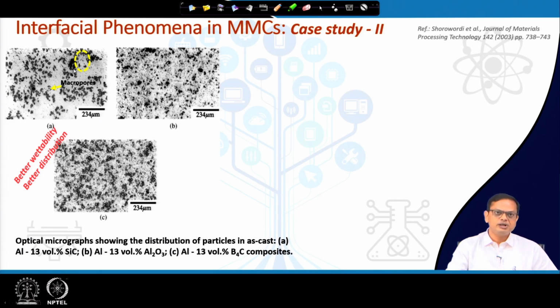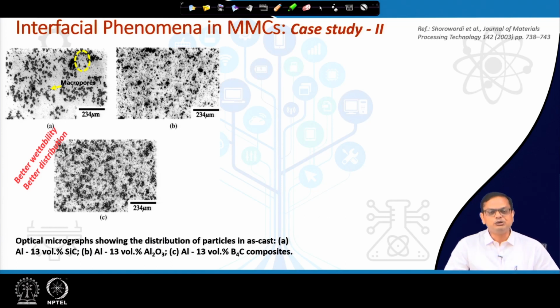You can also see some amount of entrapped porosities in between those agglomerated particles in the first two cases. In case of B4C, however, those entrapped porosities are not present. Now, the question comes to your mind, why, when you are using B4C as the reinforcement, is the distribution so good?